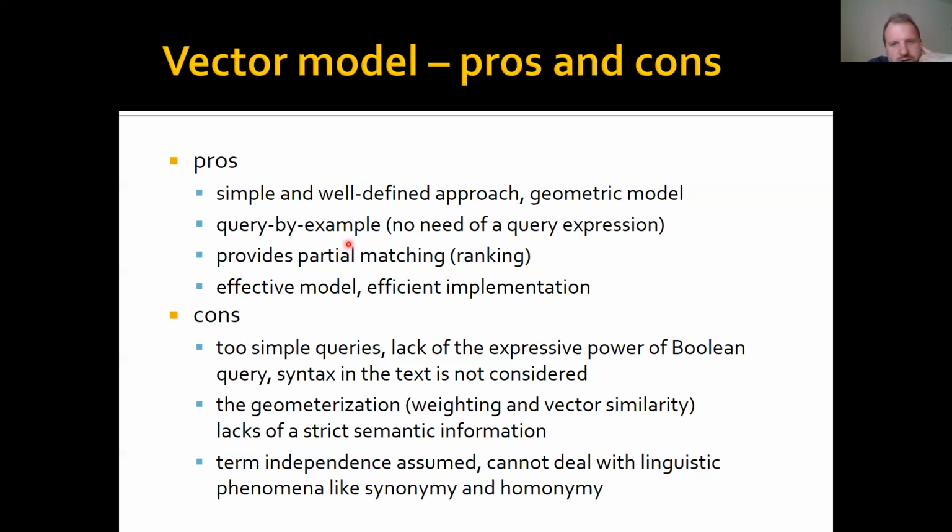The basic vector model has pros and cons. It's a much better and more homogeneous model for retrieval of information, and it's geometric. It's not a combination of Boolean and vector, it's just the vector model. Therefore, we define the query the same as the documents, and therefore we can query by example, because we are in a space with one representation.